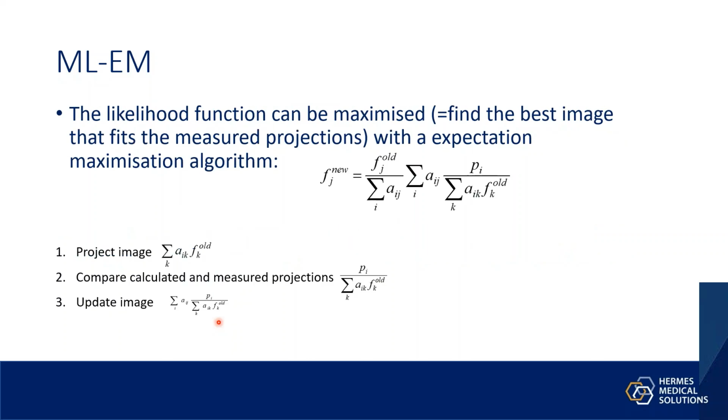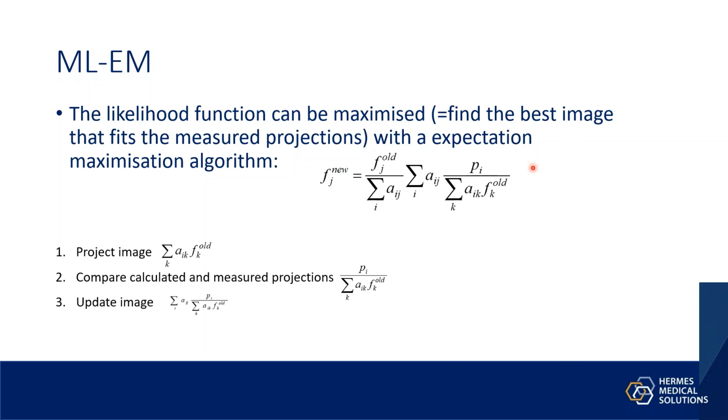And when we maximize this likelihood function using the expectation maximization algorithm, we get this kind of update equation, which at first glance looks horrible. There are a lot of sum signs and indexes and so on.